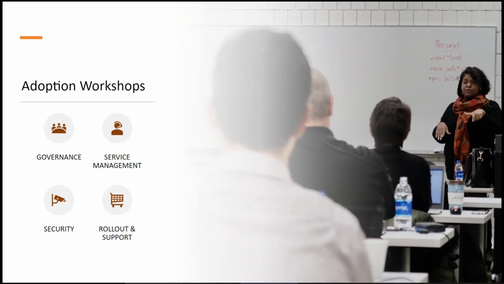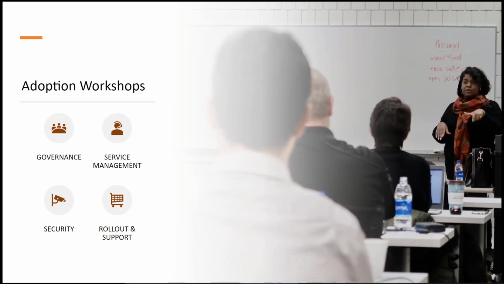And based on the users that we mentioned, those responsibilities, whoever they are, based on their responsibility, that's what workshop they'll go to. So governance would be like the IT operations, more of the admin level people. Service management could be like the web development team, because service management, Power BI serves the online tool. So anyone managing that online tool will come to this service management.